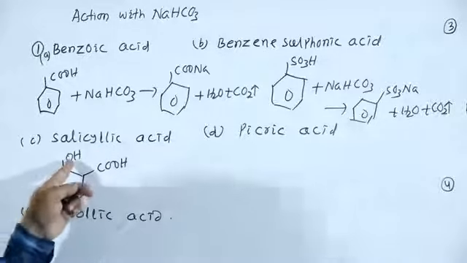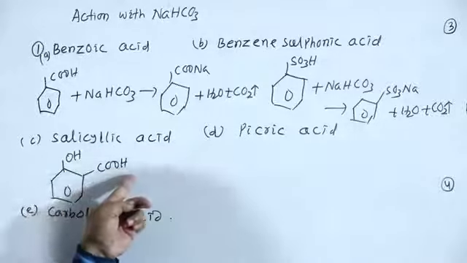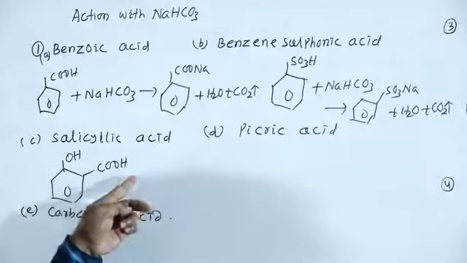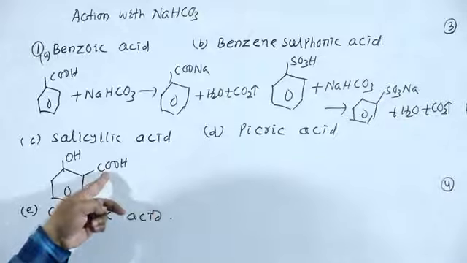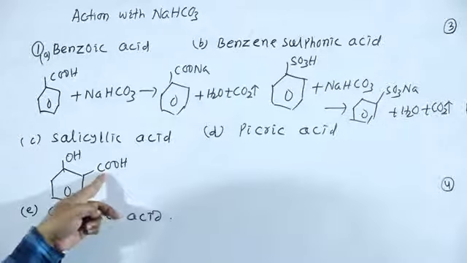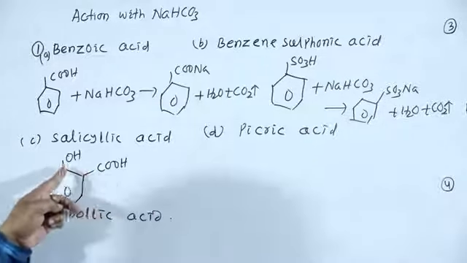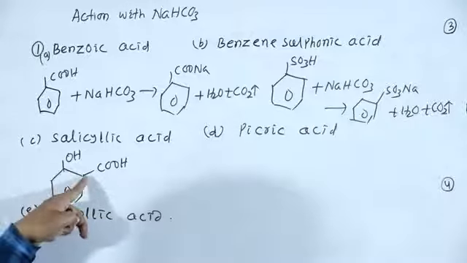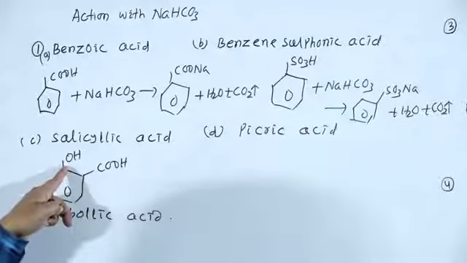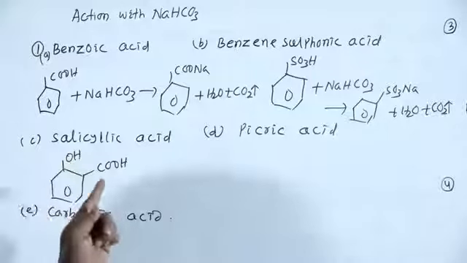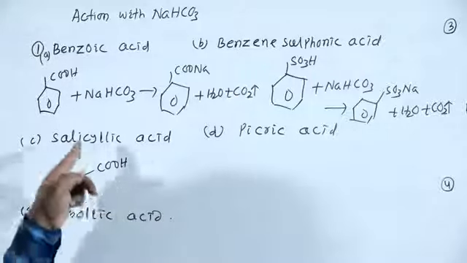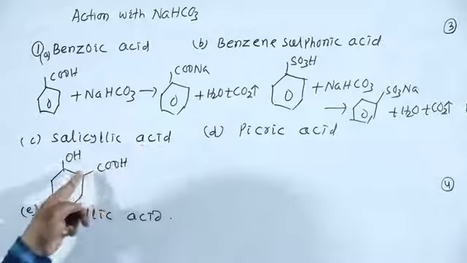Among these two groups, the COOH group is treated as the senior functional group. Therefore, the compound is named according to the COOH group, that is benzoic acid, and at its ortho position, the 1,2 position, it contains OH, so it is orthohydroxy benzoic acid, otherwise known as salicylic acid.